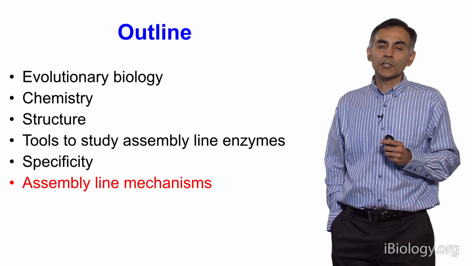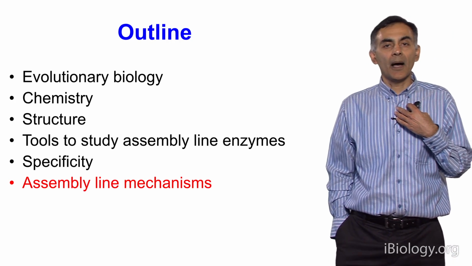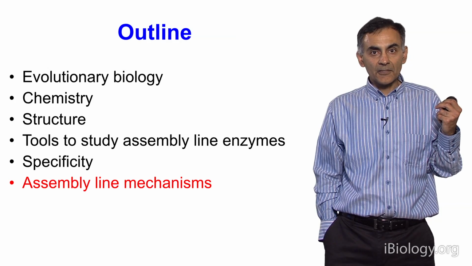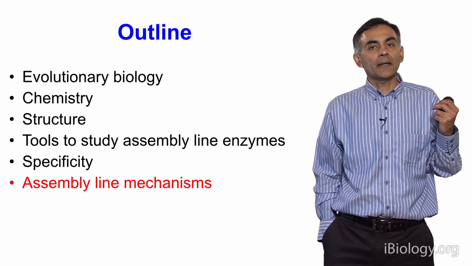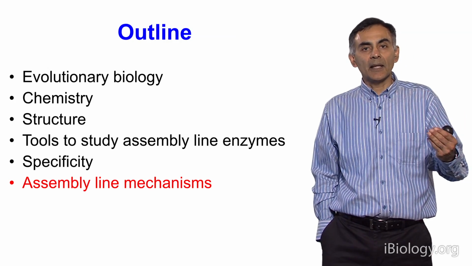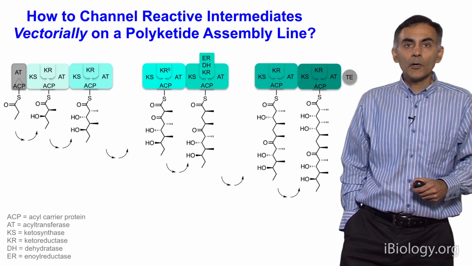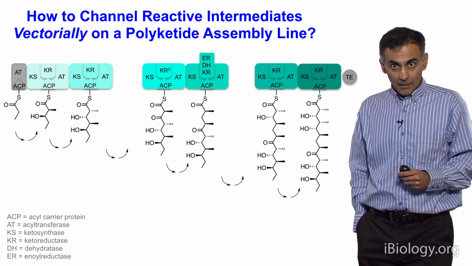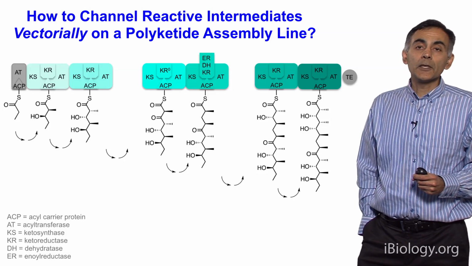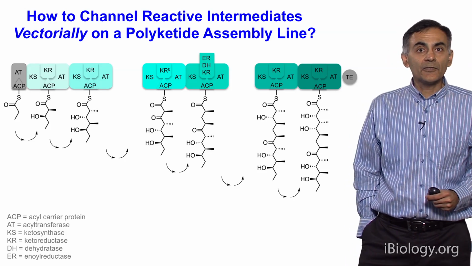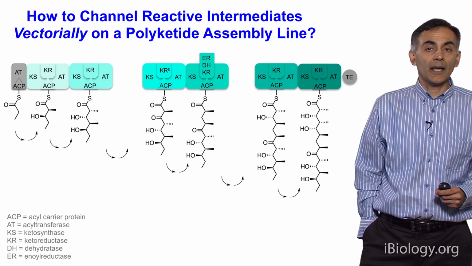This final lecture focuses on what, in my mind, is the grandest challenge of all in this field: understanding how an assembly line actually comes about. What do I mean by that? I've been showing you quite freely, I might add, schemes like this throughout my earlier two lectures.